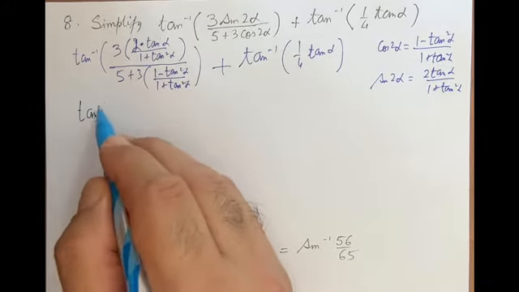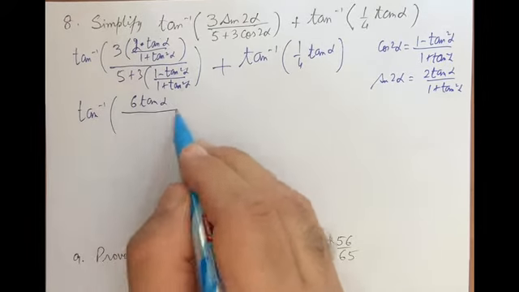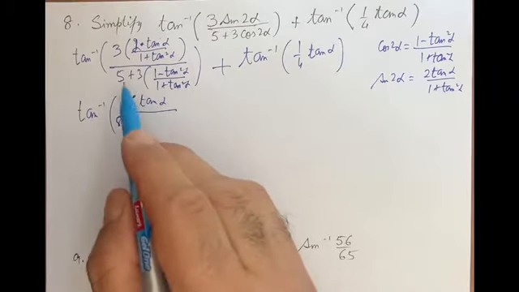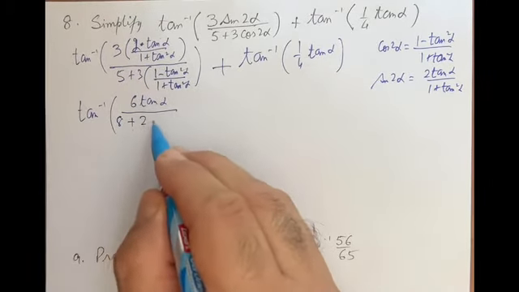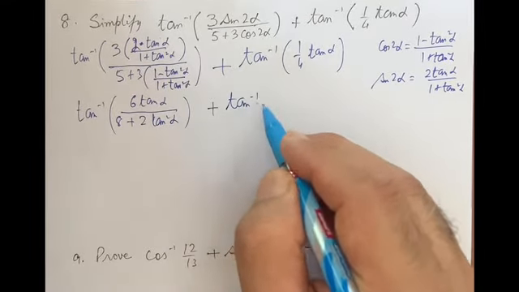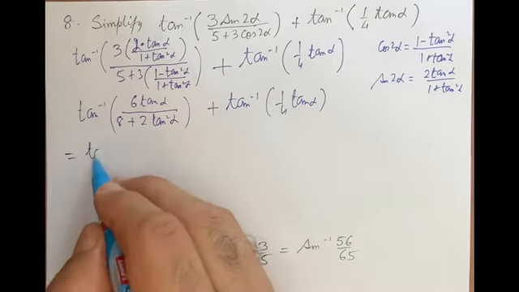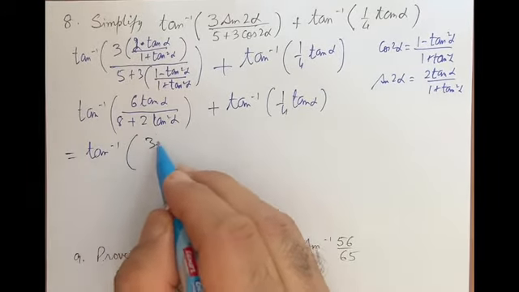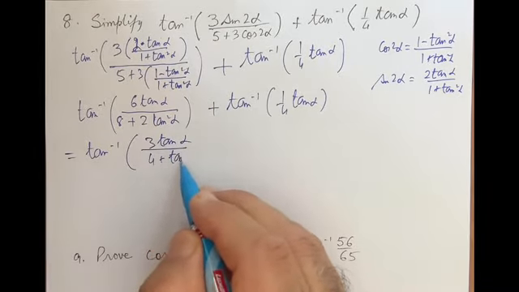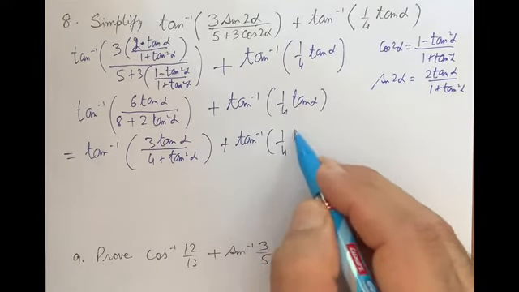Simplifying, this is tan inverse of 6 tan alpha, this will be 5 plus 3, 8, plus 5 minus 3, this is 2 tan square of alpha, plus tan inverse of 1 by 4 into tan of alpha. This is tan inverse of, dividing by 2, 3 tan alpha upon 4 plus tan square of alpha, plus tan inverse of 1 by 4 into tan of alpha.